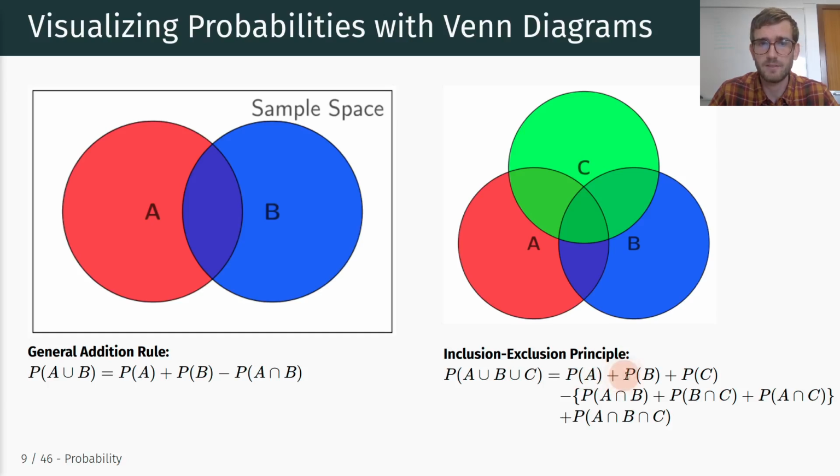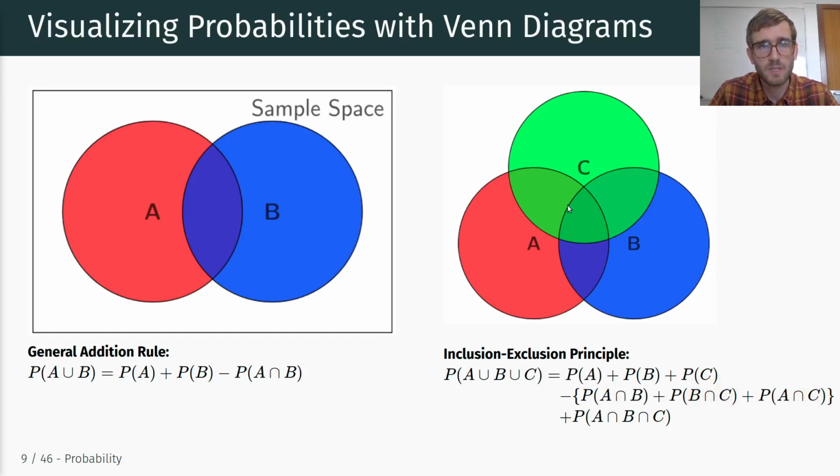We first add the three probabilities together, probability of A plus probability of B plus probability of C, and then, similar to the two event scenario, we subtract the intersections: the intersection between A and B, between A and C, and between C and B. These are the subtractions here: probability of A intersect B, B intersect C, and A intersect C.